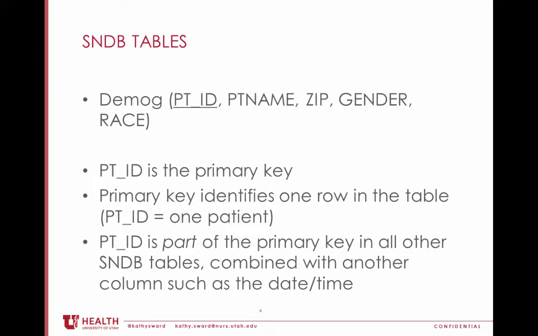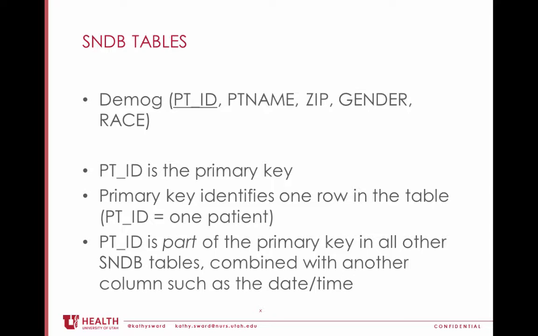When you look at table descriptions, both in the literature and in my own notes, you'll often see this kind of notation that has the table name first, and then in parentheses, the names of all the columns, and the primary key, at least when I do this, will be underlined.